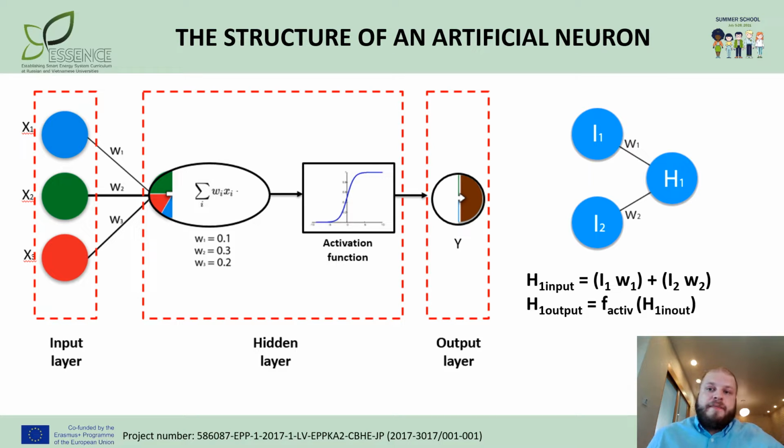In the right figure, a part of a neural network is depicted where the letters I denote the input neurons. The letter H denotes the hidden neuron, and the letter W denotes the weights. It can be seen from the formula that the input information is the sum of all input data multiplied by the corresponding weights.